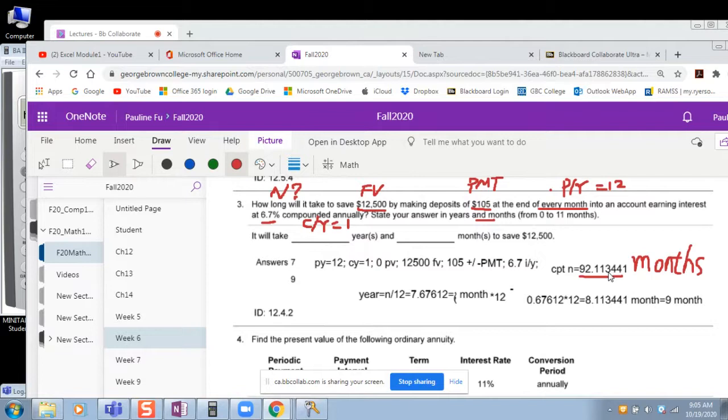To get the years, you need to use this whole number divided by 12 to get 7.6761. This one is in years.